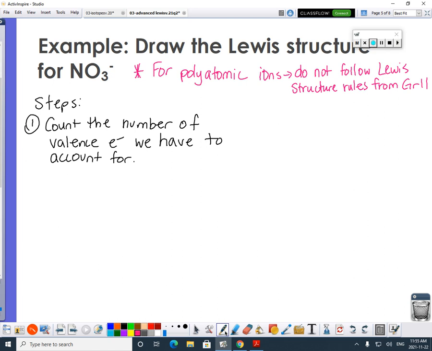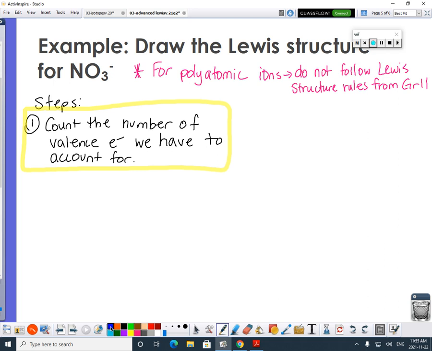So the first vital step, in fact, write it down and then put a highlight around the step. You're going to count the number of valence electrons we have to put in our structure, okay?